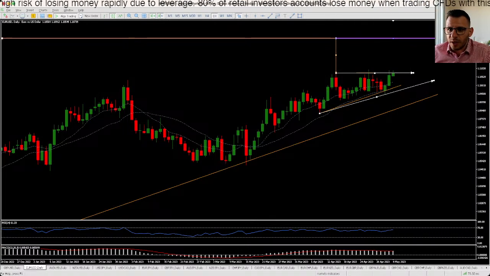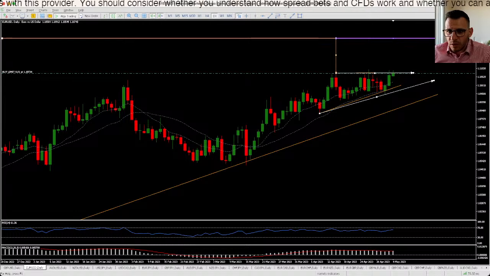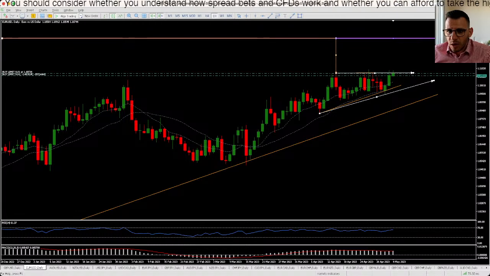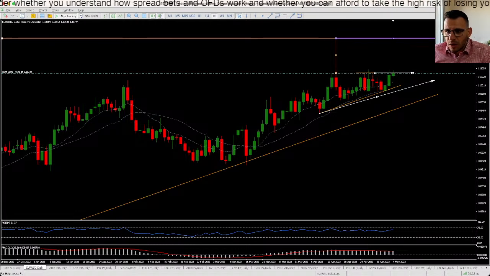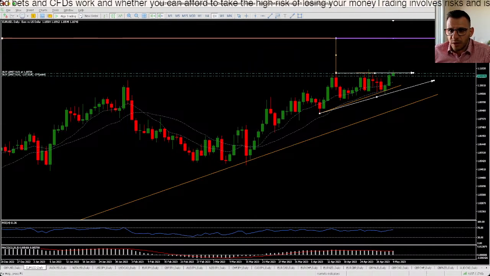If I put here a buy stop, if I put here a buy limit order, why is it not moving?